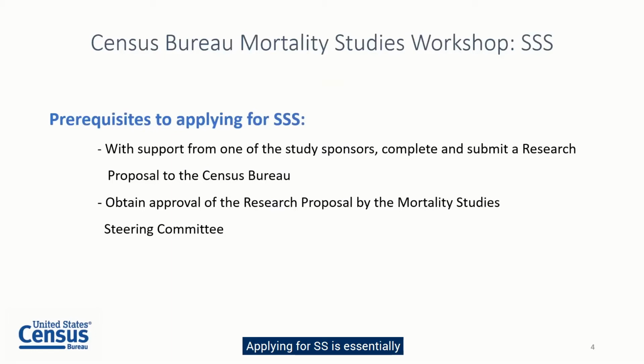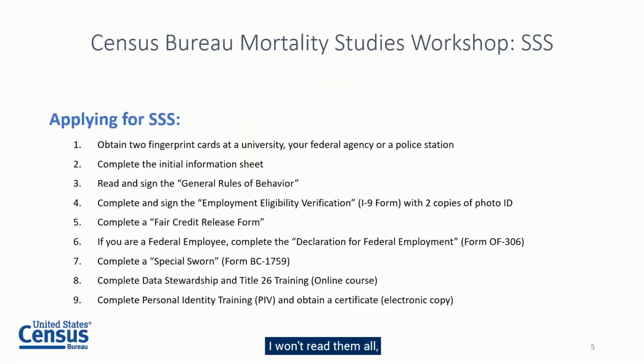To apply for SSS is essentially 9 different pieces. I won't read them all, but the first one and the last 2 require participation and action, whereas 2 through 8 are essentially reading documents and agreeing to their content and signing them.